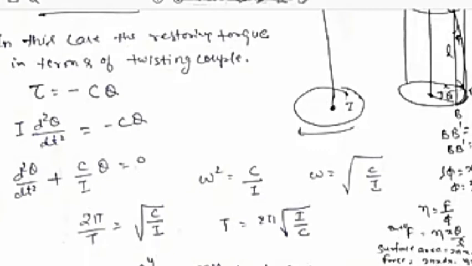Similar to the above expression, d2 theta by dt square plus c by I into theta equals 0. So omega is root of c by I, where c is the couple and I is the moment of inertia. You can easily calculate the moment of inertia of this rod-shaped body, because it is twisting about one axis. First we have to determine the value of the couple.